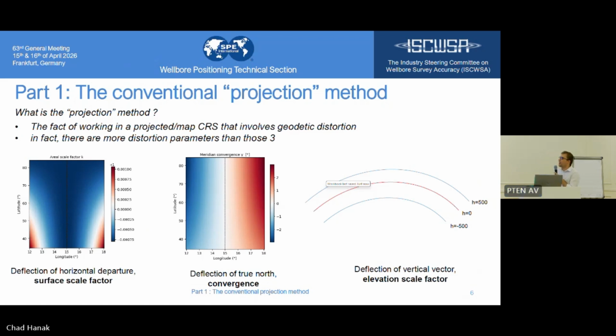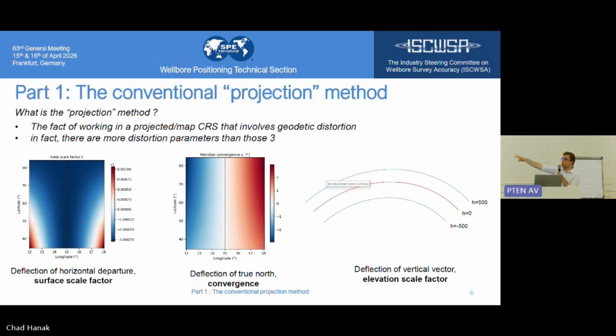So basically, we have three types of distortion factors. In fact, if we are precise, we have more, but for our purpose, it's sufficient to mention those three. The first one is the areal scale factor or surface scale factor. The second one is the meridian convergence, the deflection of the grid azimuth toward the true azimuth.